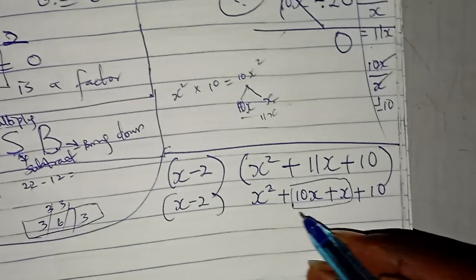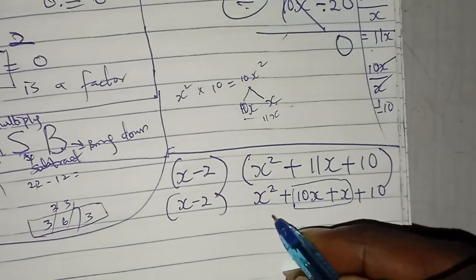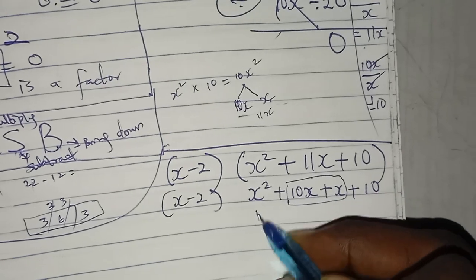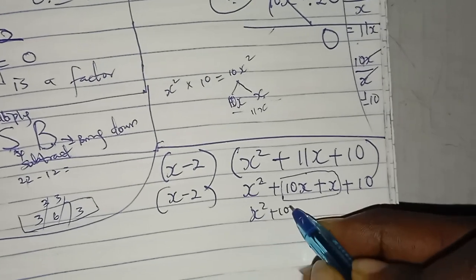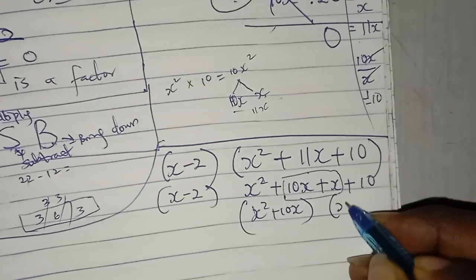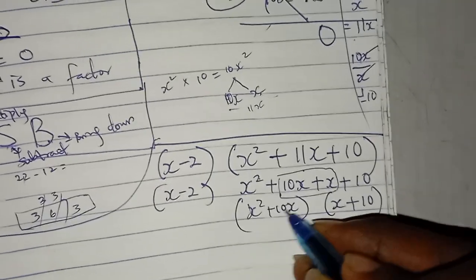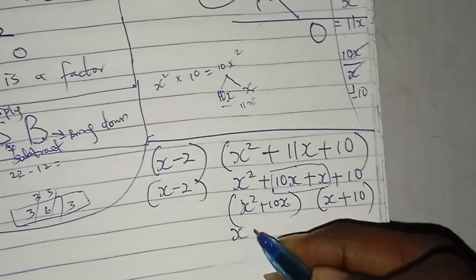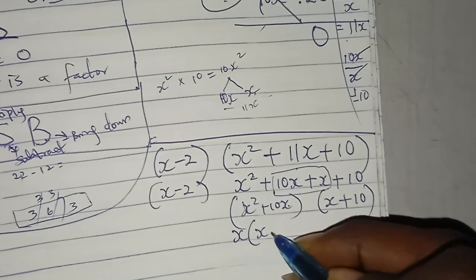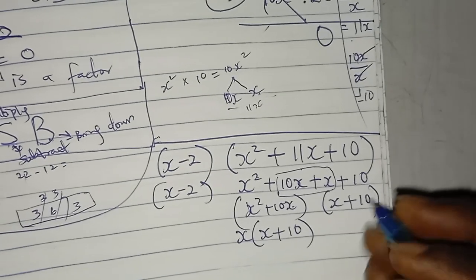So now notice that I have x squared plus 10x one side, then I have x plus 10 on another side. So factor out here, I have x, x can come here so that I have x plus 10.